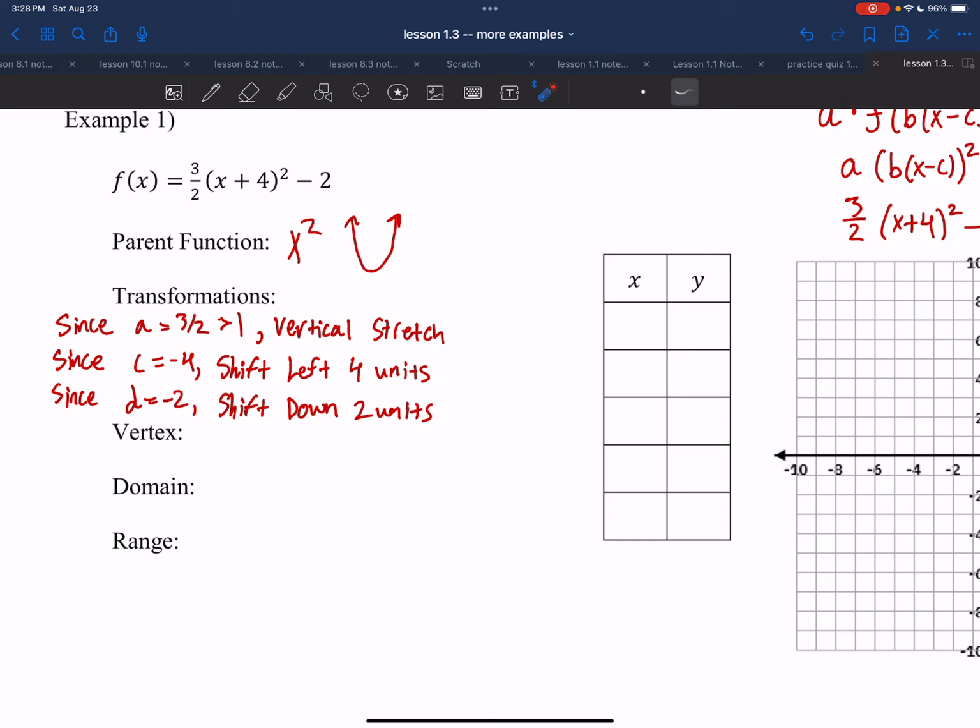Well, the first thing I would think about, and the value in finding your transformations first, is to help you figure out what a key point or a key attribute is on the graph. So in 1.2, all of our parent functions kind of have a key point on them. For parabolas, it's a vertex.